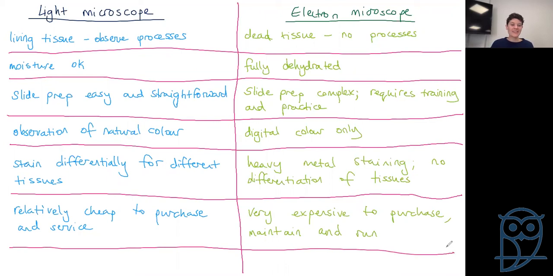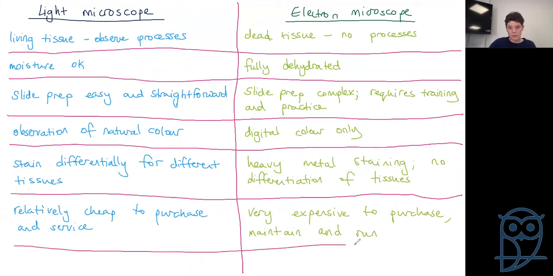So there you go. Highlight of tables of differences between light microscopes and electron microscopes. Okay, these are differences in addition to that difference in resolution. So let us put that in at the very end. Whoa. Okay, now we're just going a little bit over the top.